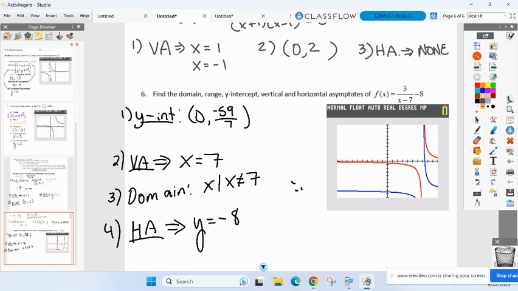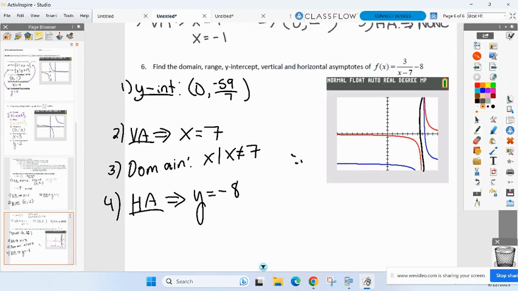Now, is anybody thinking, well, why didn't you just do that for the vertical one? Why didn't you move down 8? Whoa, whoa. X equals 7 is a vertical. If I move it down, isn't it going to stay that same line, right? So it doesn't affect the vertical, only the horizontal. And then finally, how about the range now?